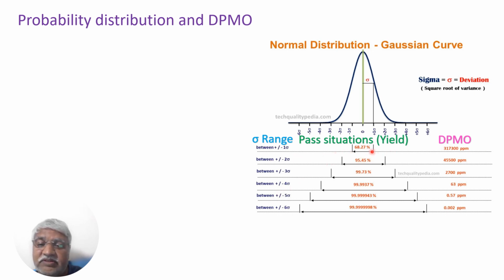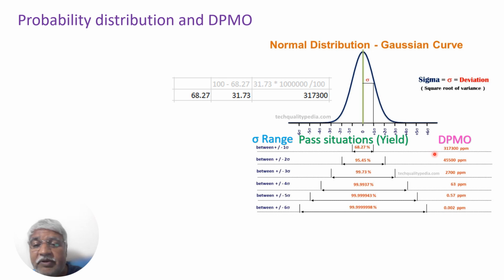For simplicity, we will take one item. Here, between -1 sigma to +1 sigma, all these parts belong to 68.27%. Hence, if you take 100 minus 68.27, you will figure out that 31.73% still fall outside of +1 sigma and -1 sigma.